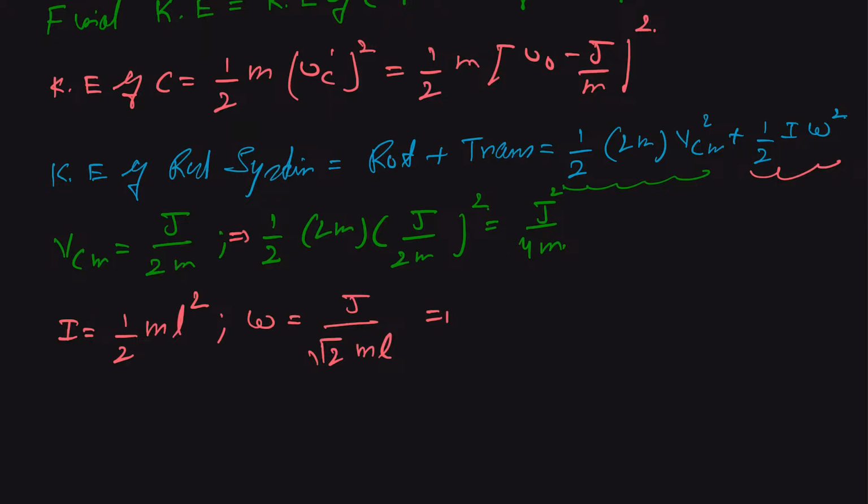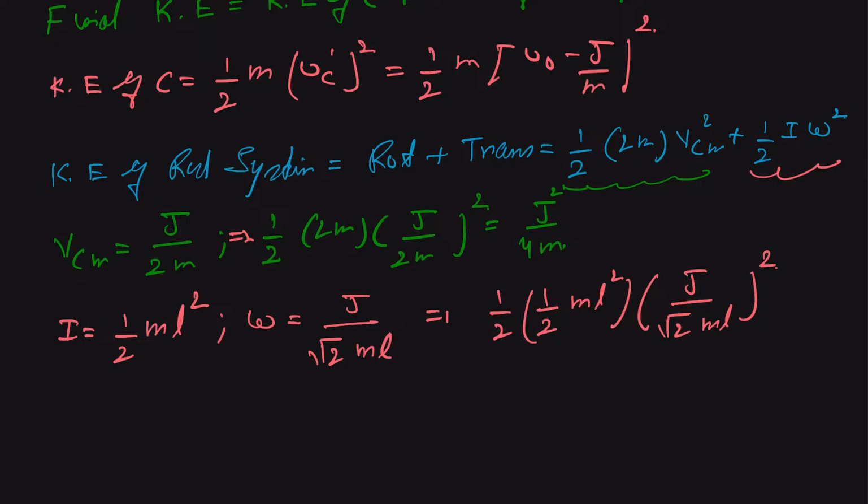We get half I times j upon square root of 2 m l whole square, and we get this as 1 by 4, m square goes away, l square cancels out.